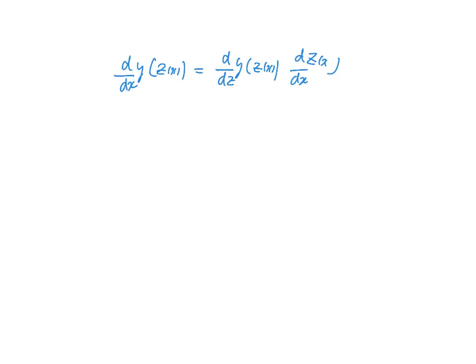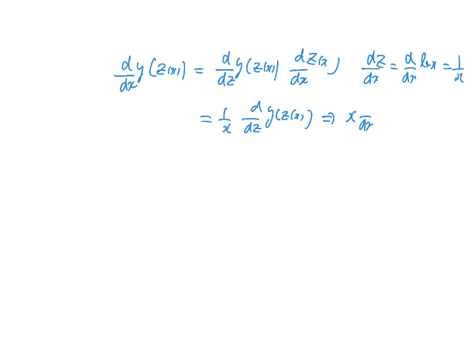We learned this. But dz/dx is d ln x / dx, which is 1 over x. So this is 1 over x, dy/dz. So x dy/dx is the same as dy/dz.